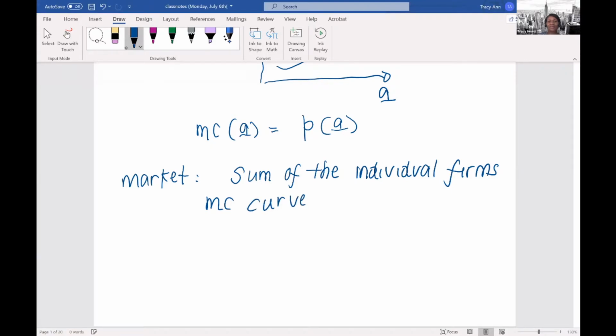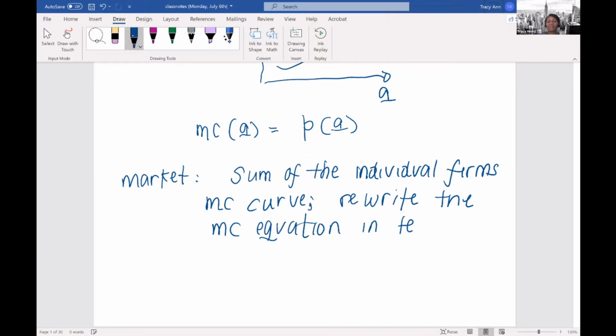When you're summing, however, you want to remember that we're summing over quantity, so you have to rewrite that marginal cost equation in terms of quantity. So you want to rewrite the marginal cost equation in terms of quantity and sum over all firms.